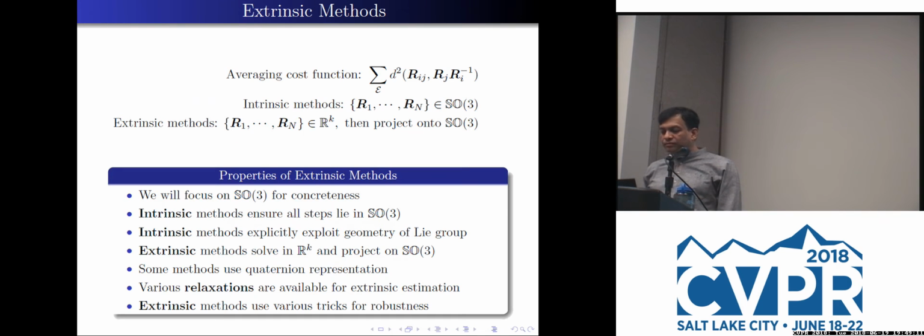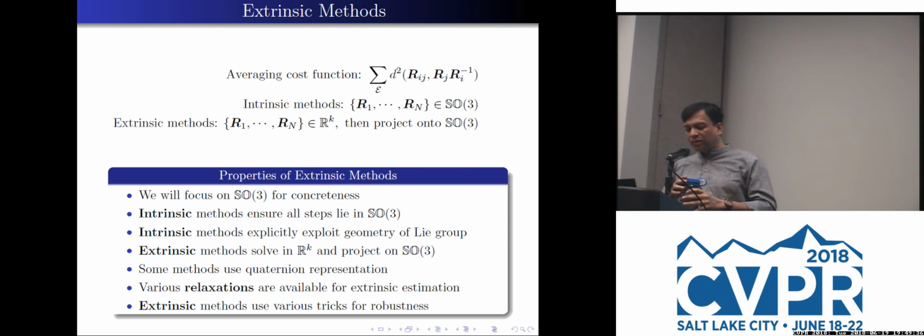Okay, so I have shown you how to do rotation averaging on the group structure, that is, respecting the group structure. But obviously that is not the only way people solve this problem.